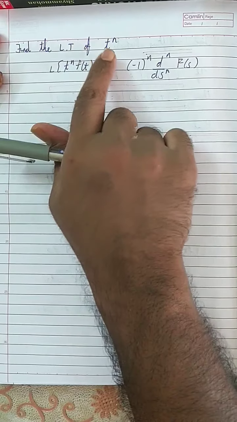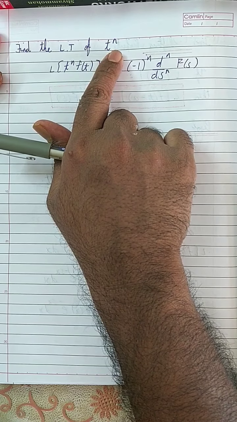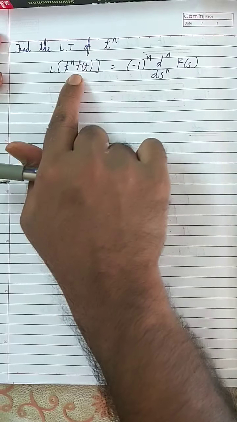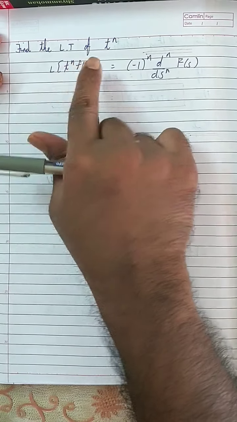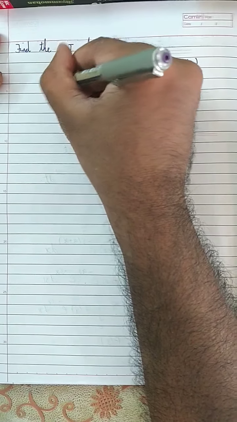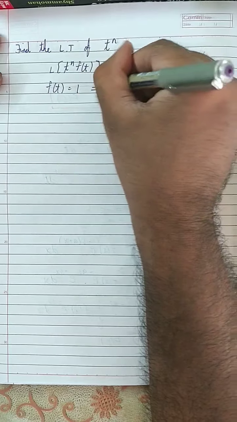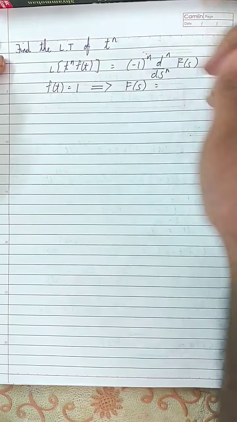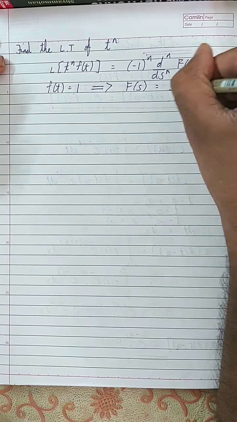Which means here my f of t is nothing but 1, since this is t raised to n into 1. If you compare these two equations, then f of t is equal to 1. If f of t is equal to 1, then what is F of s? What is the Laplace transform of 1?